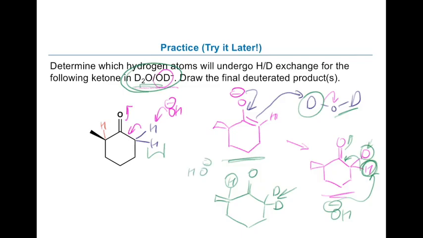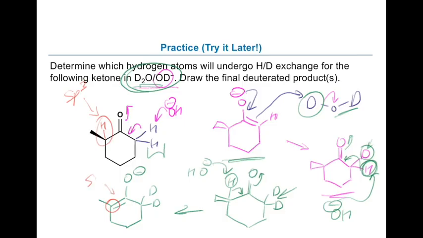Imagine your base is going to deprotonate here to give you the other enolate. As we draw that enolate, there's an important feature I want to point out. Notice the chirality at this center now. By deprotonating this alpha center, we've gone from an sp3 center down to an sp2 center, which means it is now planar.